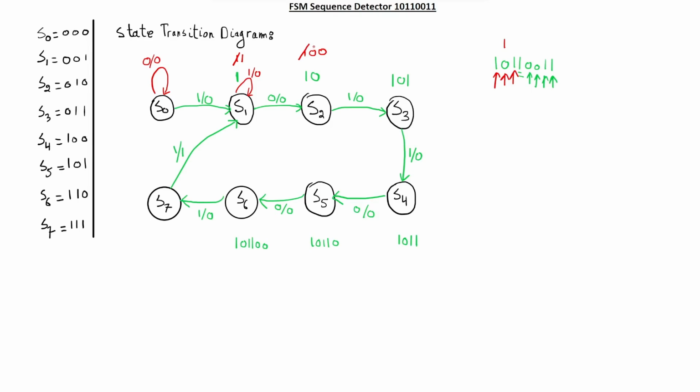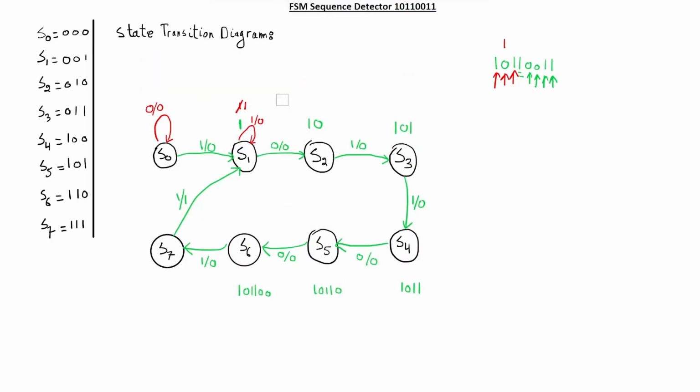Let's discard another bit. We'll be left with 0. Also, our sequence starts with 1, so we have to discard everything and go back to S0. So at S2, if we enter 0, we discard everything and go back to S0. This is 0, the output is 0.